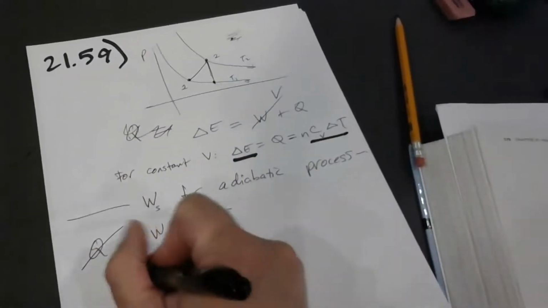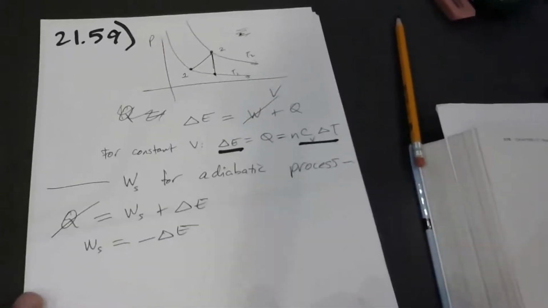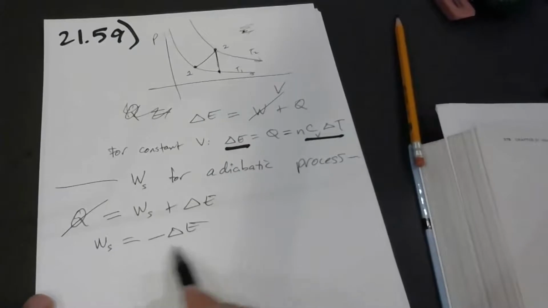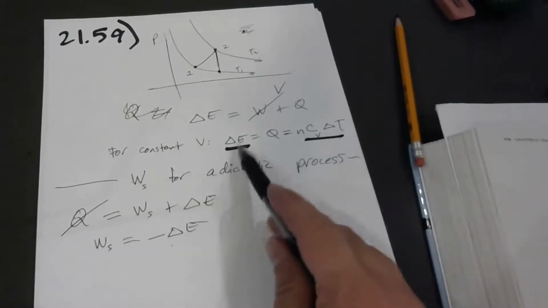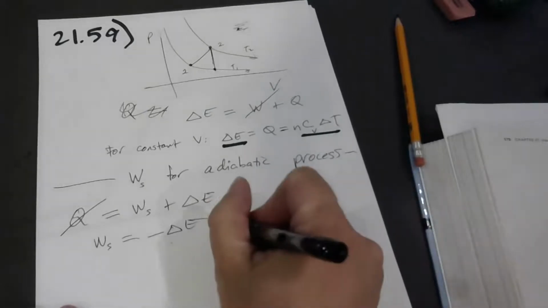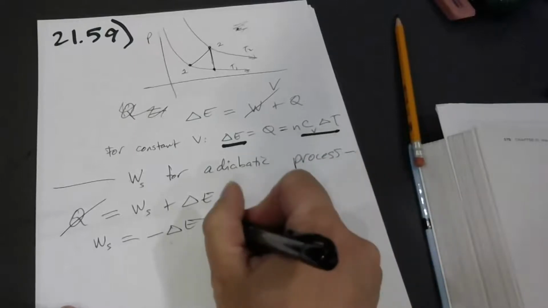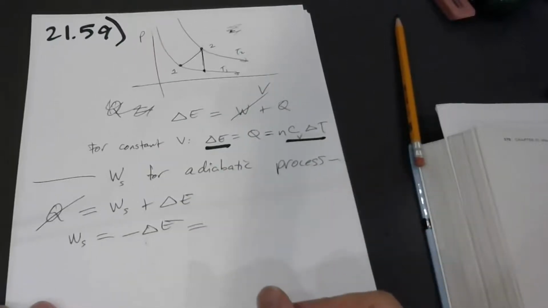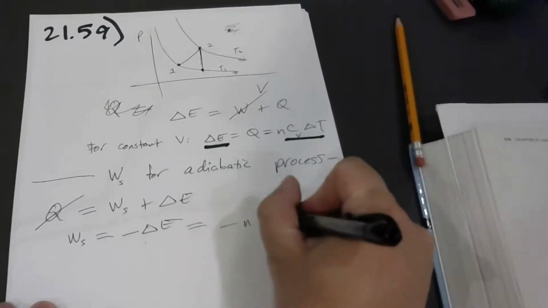And that means that the work done by the system is merely the negative of the change in energy. Beautiful. So if we could come up with a formula for the change in the energy, that would be the work done. Well, we have a formula for the change in energy. We can always imagine that we were moving between the two temperatures using a constant volume process, and then just set that equal to nCV delta T. Don't forget the minus sign.